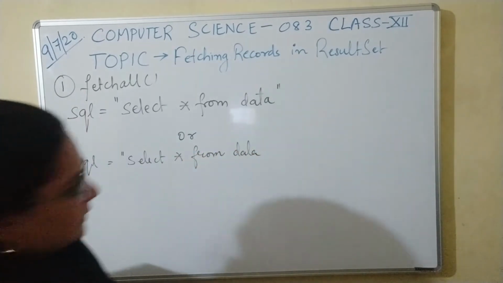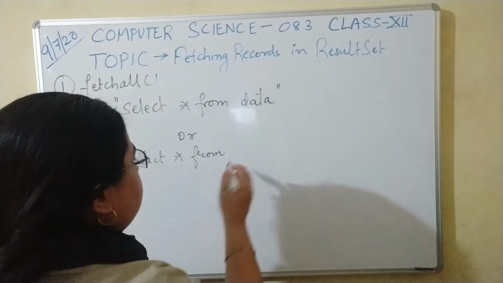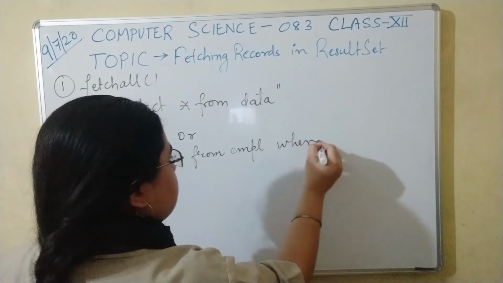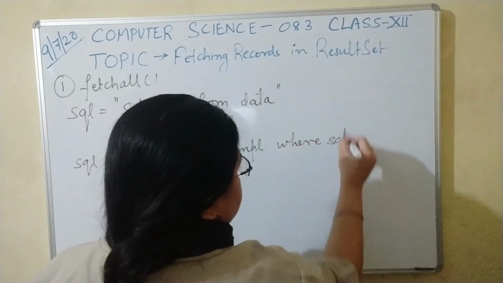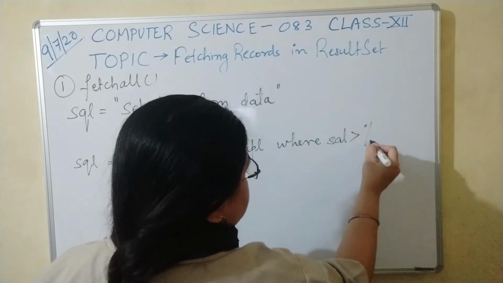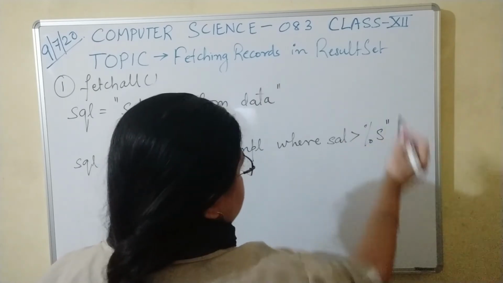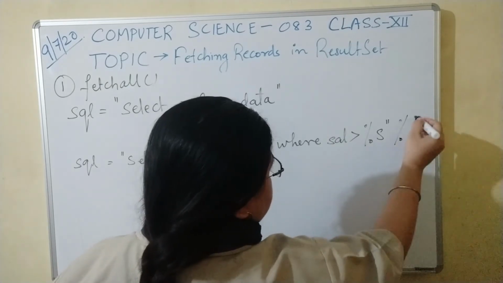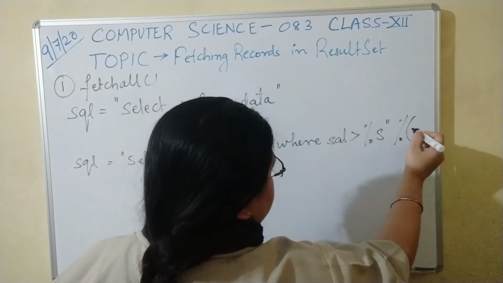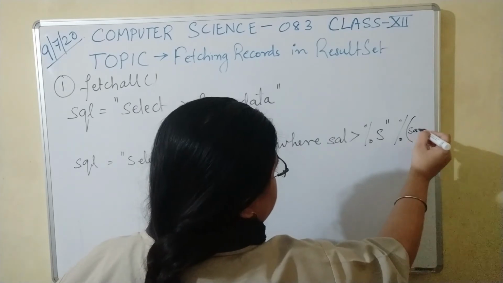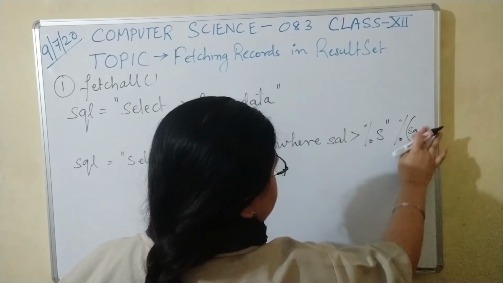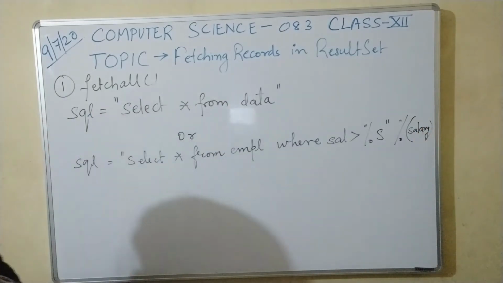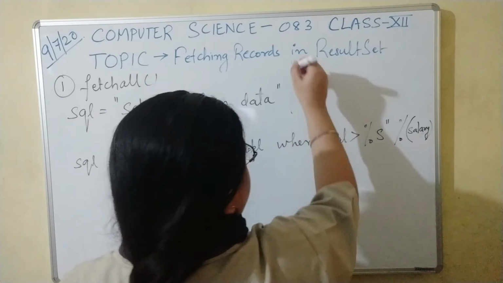Let me take some other table over here, a table named EMPL, where sal is greater than %s, and to %s I'll give a value within a tuple. I can take a variable salary, which I have already asked for beforehand, so that statement I will write over here.